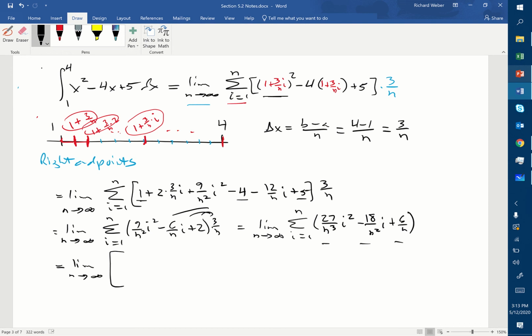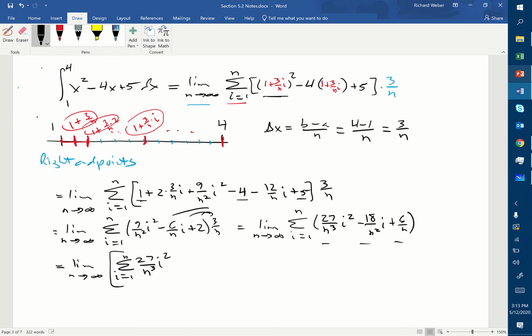But in this guy here, this is going to be really strange to you guys, but what's happening here is i is the guy that's changing, and it's going to go through 1 squared, 2 squared, 3 squared, 4 squared. So what the author tends to do, well, I'm not going to do it that way. I'll tell you why. That's a little too confusing. All right, summation i equals 1 to n, and I'll keep the 27 over n cubed inside times i squared.